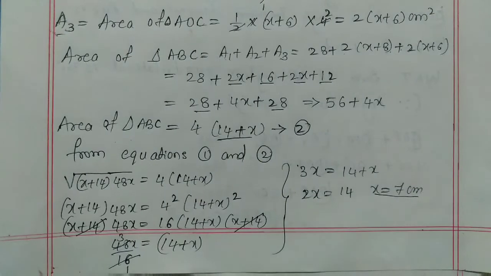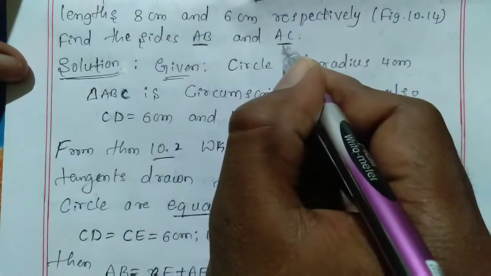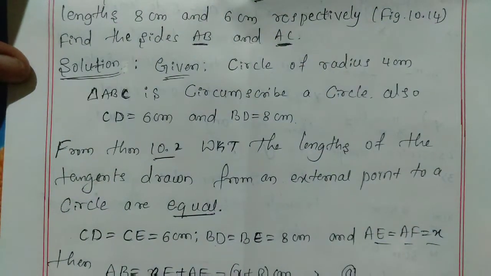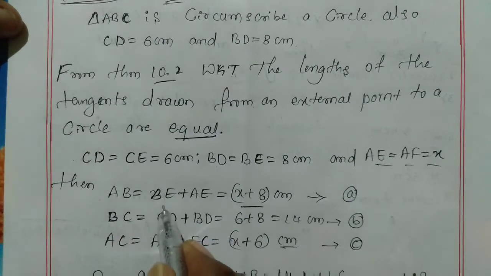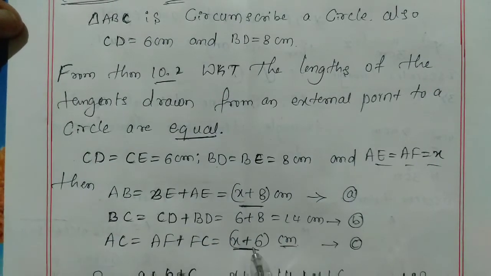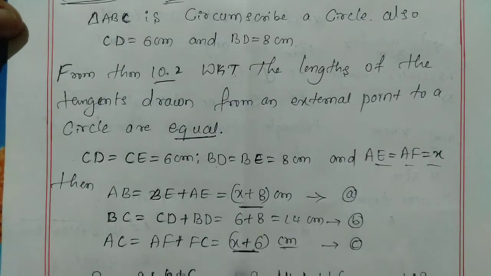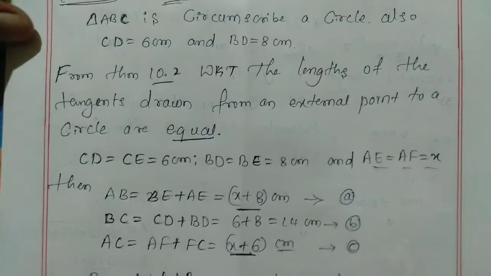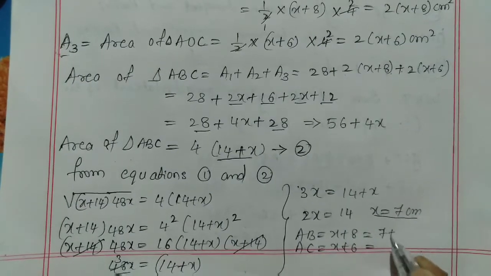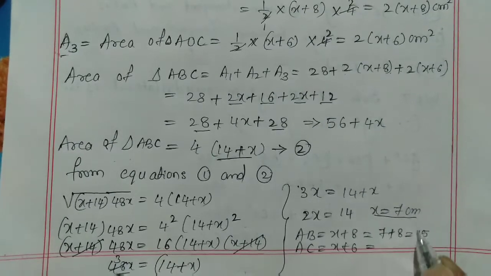Okay, so what we have to find in this question, we have to find AB and AC lengths. Here AB is x plus 8 and AC is x plus 6. So I will write here AB equal to x plus 8 and AC equal to x plus 6. Here x value is 7 plus 8, 7 plus 8 is 15 centimeter.